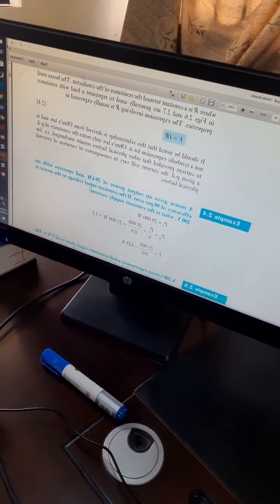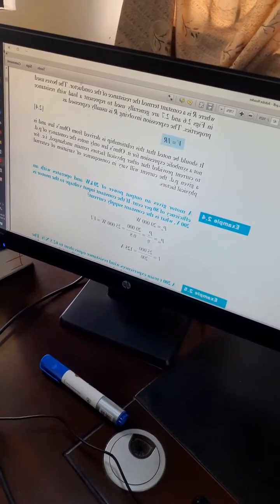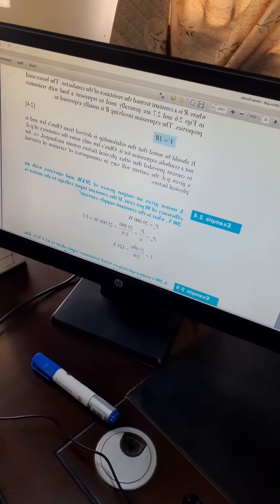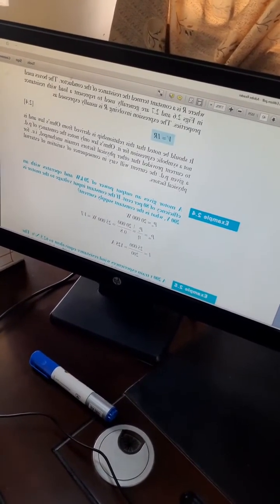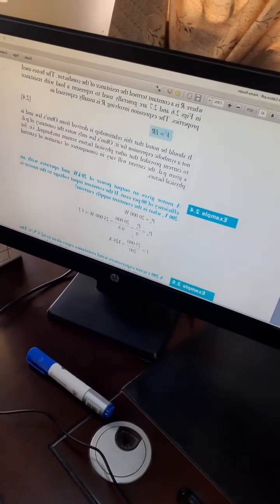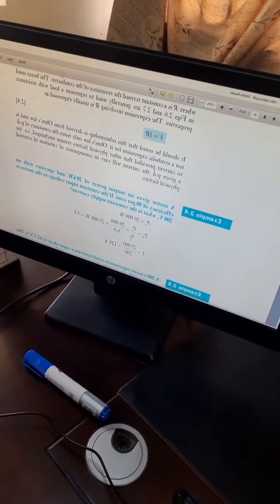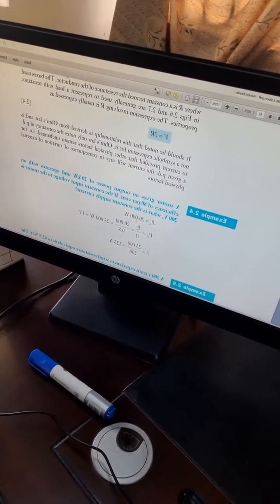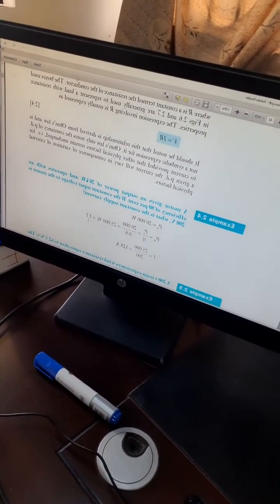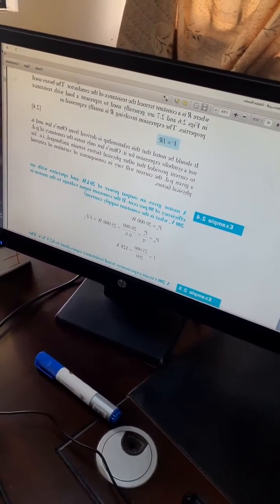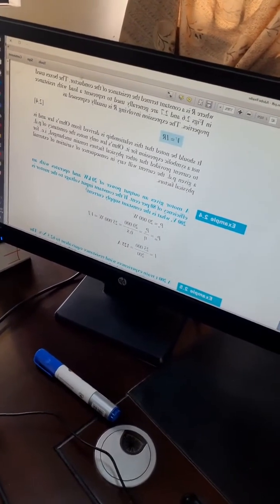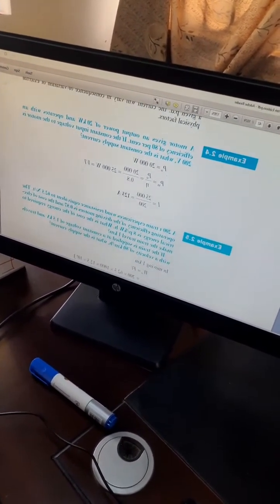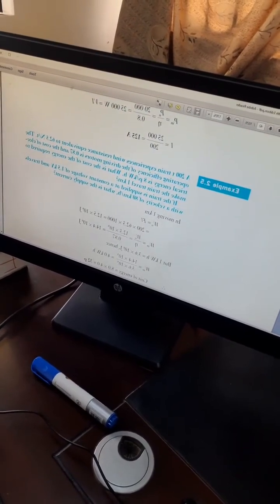They are giving the output power, so you need to find the input power. Efficiency is output power over input power. So our power in will be P out over efficiency. Once you get the input power, you are given the voltage, so you can get your current. As simple as ABC.